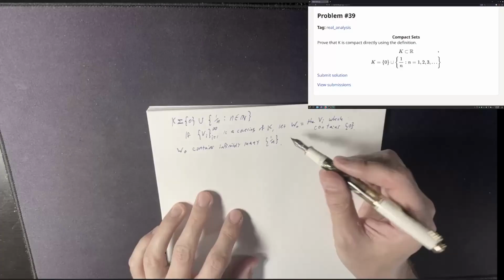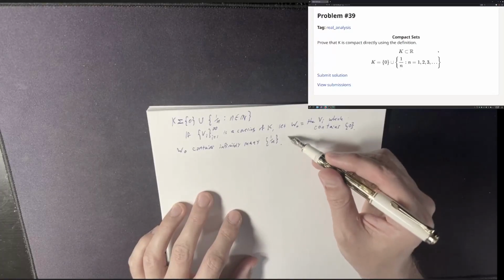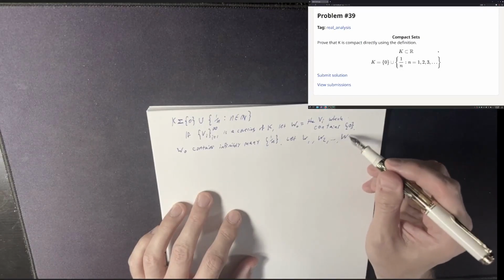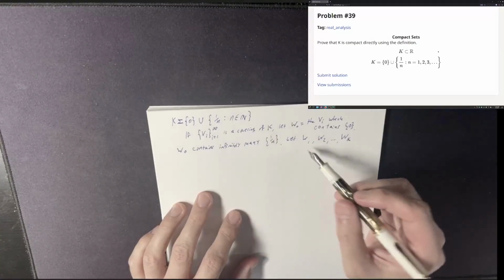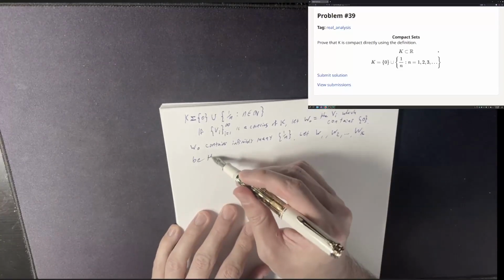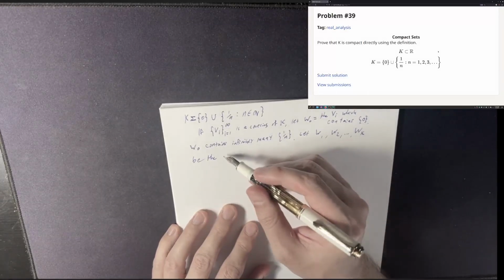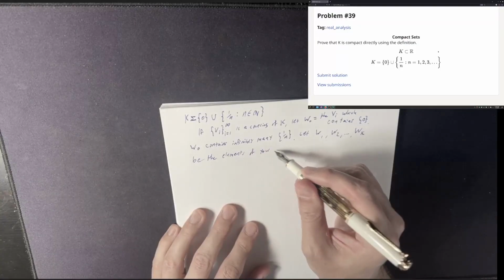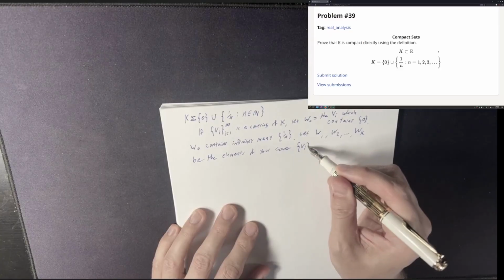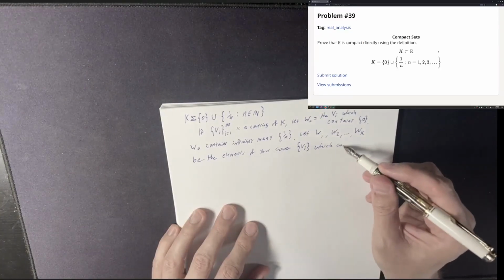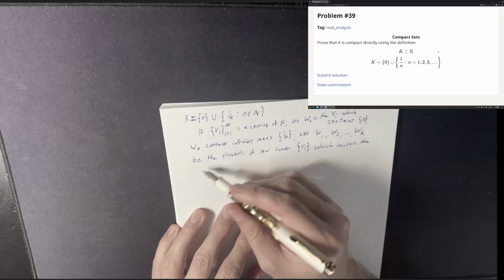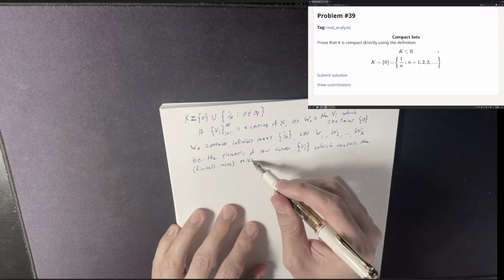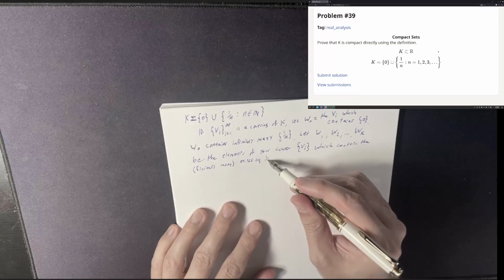So just take W_1 through, let's say, W_K, because I don't know how many are missing, but let these be the elements of this cover, the elements of your cover which contain those missing 1 over n's.